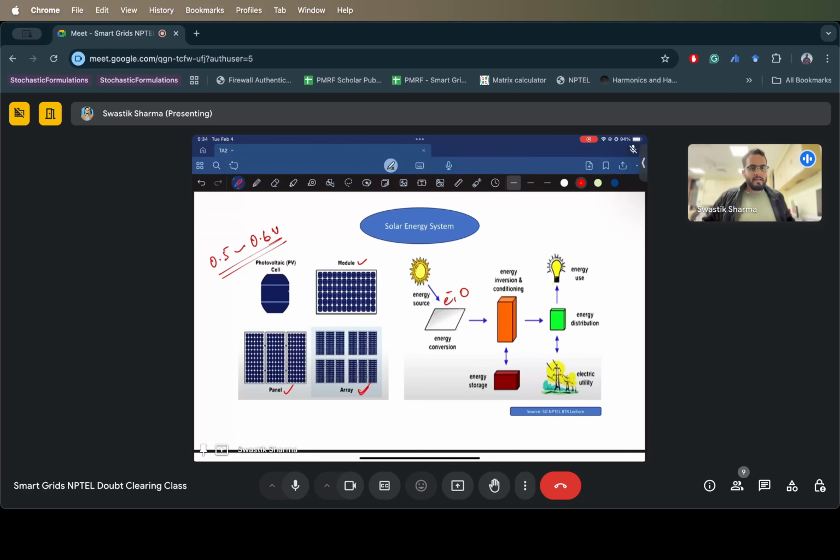So these electron hole pairs, if they have sufficient energy from the solar energy that we are getting, start aligning themselves with respect to the PN junction, the diode.